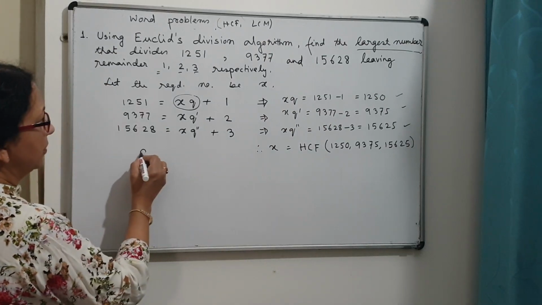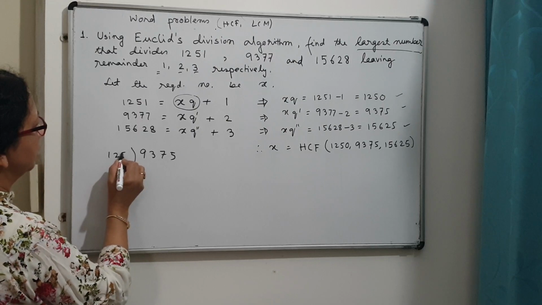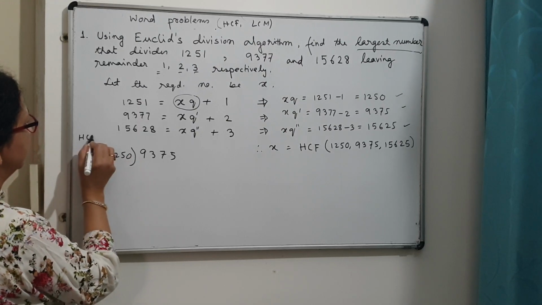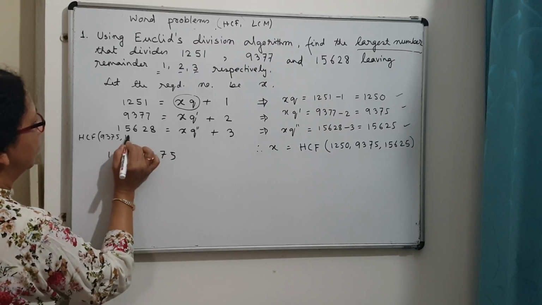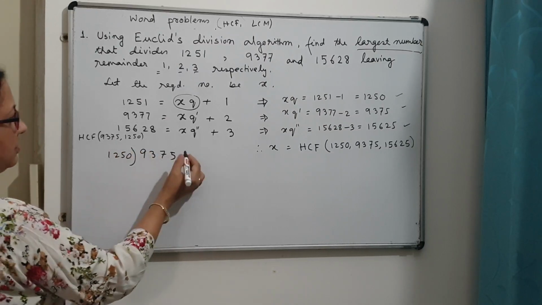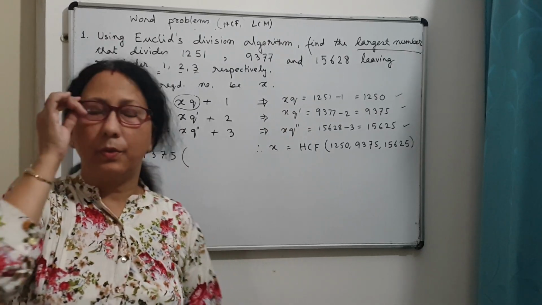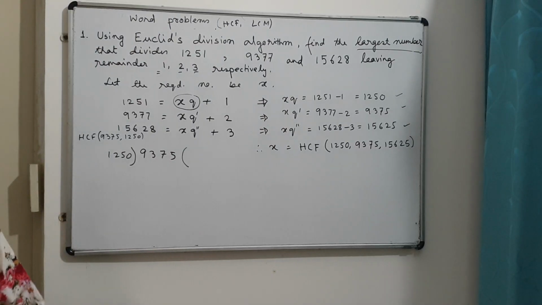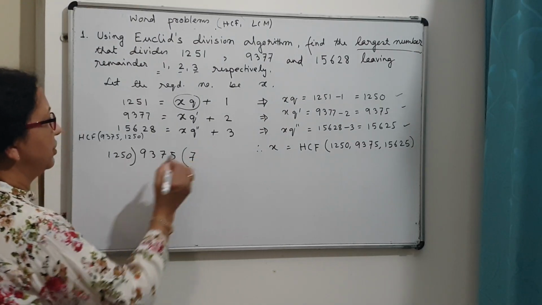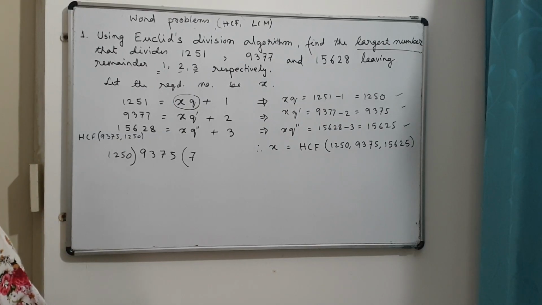So you divide 9375 by 1250 for finding the HCF of these two numbers, 9375 and 1250, by Euclid's division algorithm. What will be the quotient? By doing rough work, I think 7 will be the quotient, and if I multiply, it will become 8750.